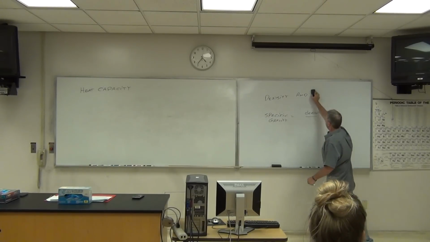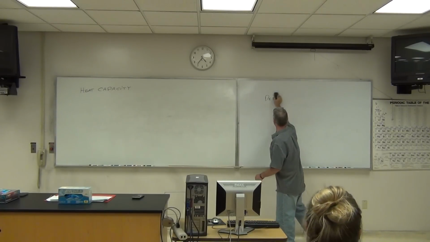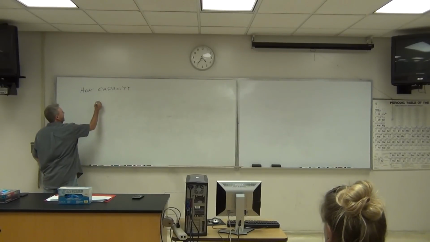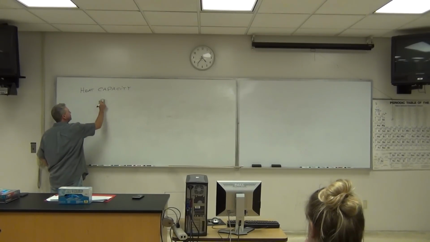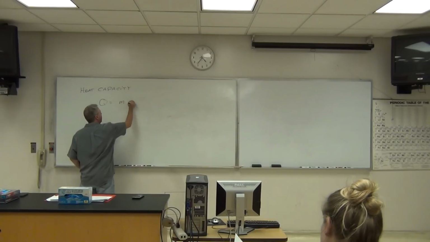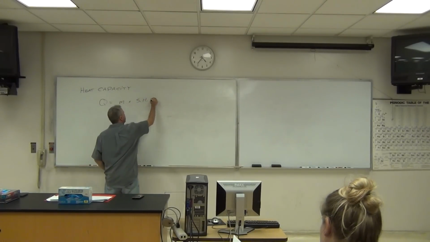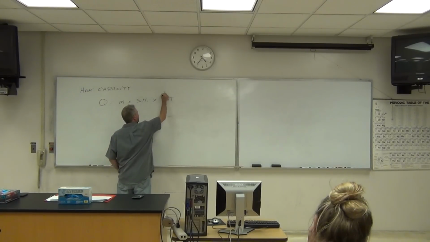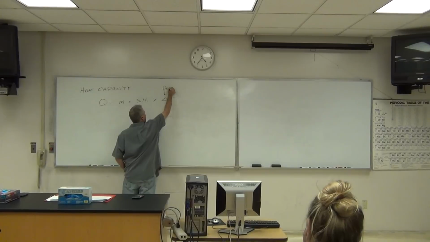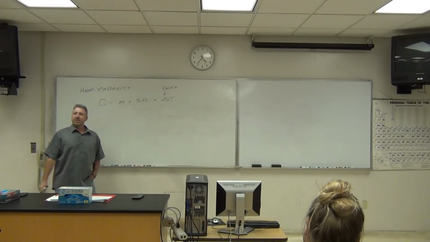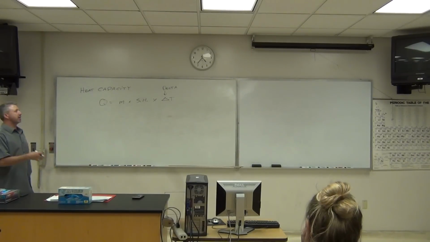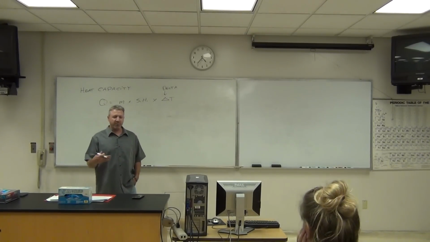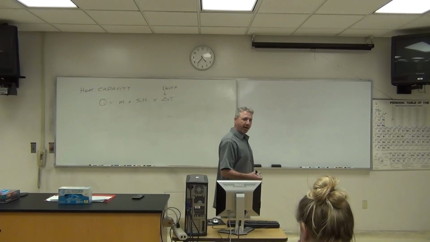The heat capacity is also an algebraic expression, and it's Q equals M times specific heat times delta T. This is a Greek delta, a capital D in the Greek alphabet, and it's a term frequently encountered in thermodynamics.